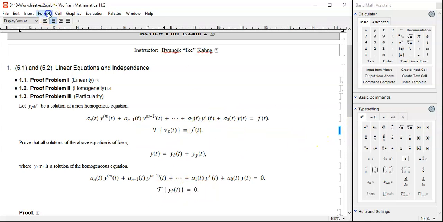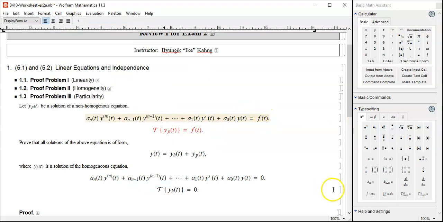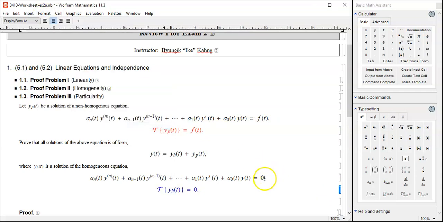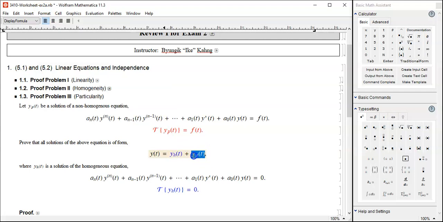This one, which I'm highlighting in red, comes from here. This one, which I'm highlighting in blue, comes from there. And in general, this is something related to this blue, and that's something related to red.